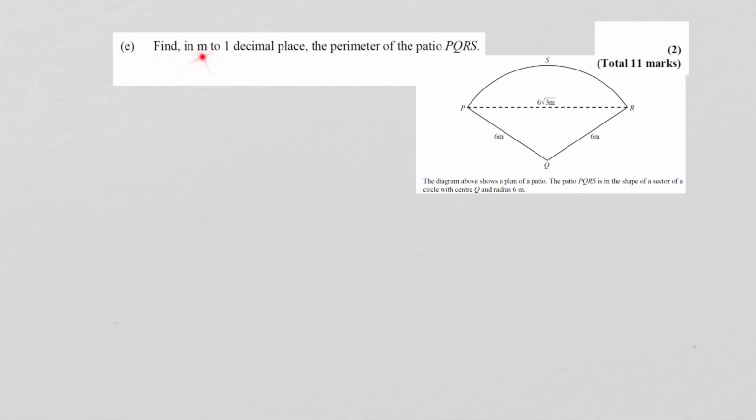Find E. Find in meters to one decimal place the perimeter of the patio PQRS. To find the perimeter, we need to find the arc PRS of the sector. And the formula for the arc of a sector is L, the arc, equals radius times the angle theta. And in this case, the radius is 6 times 2 pi over 3.